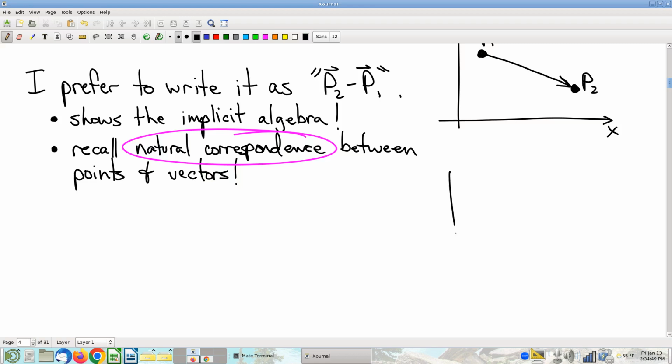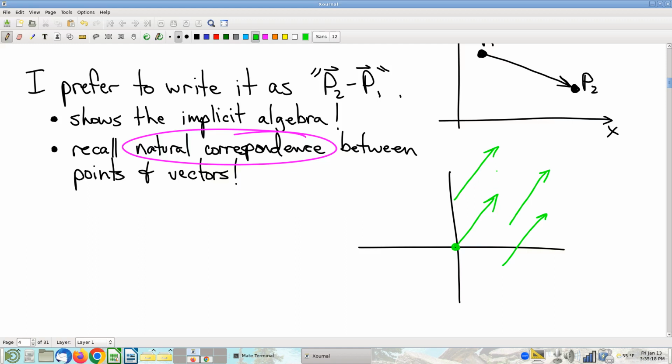Here's your XY plane, and if you have a point, and you ask what is the corresponding vector, the way you find the corresponding vector is to draw an arrow from the origin to that point, and that's the corresponding vector, right? And then likewise, if you start with the green, you have a vector.